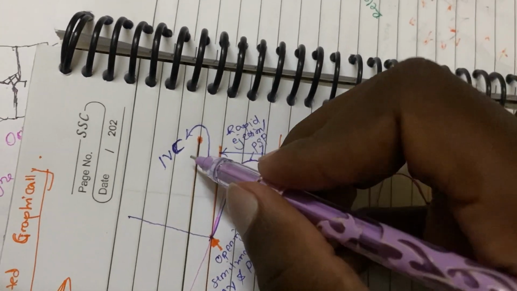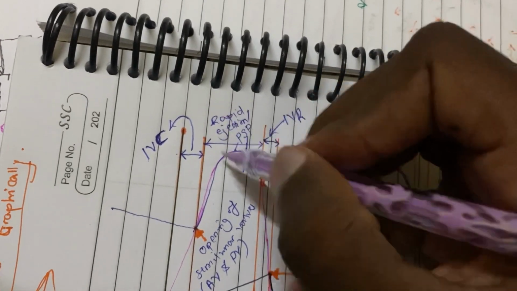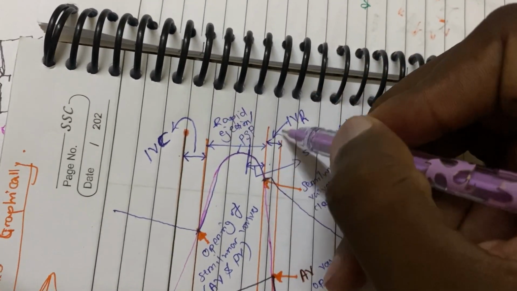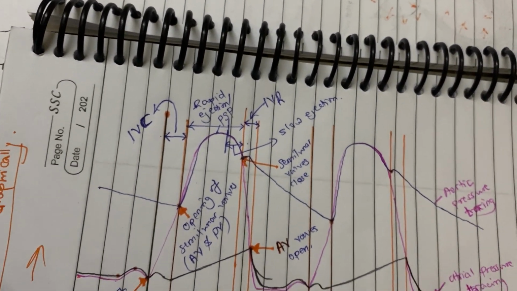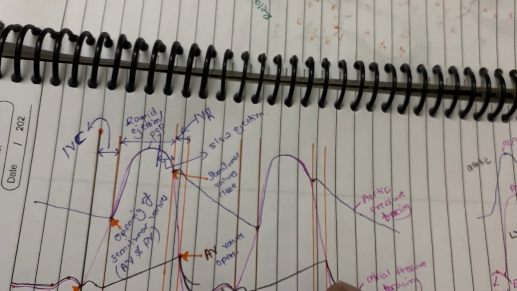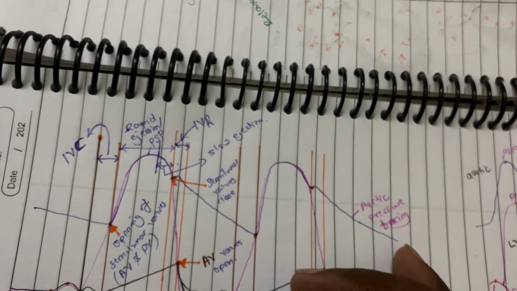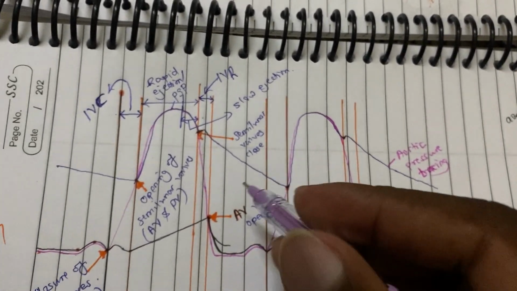So we have isovolumic relaxation, isovolumic contraction, and the ejection phase, which has 2 phases, rapid ejection and slow ejection. Now next, from opening of the mitral valve to atrial kick, what do we have?